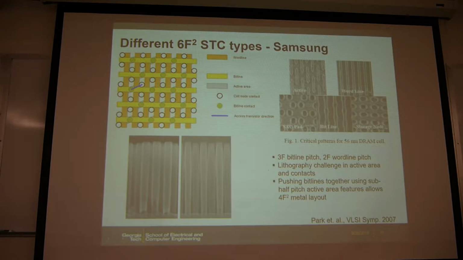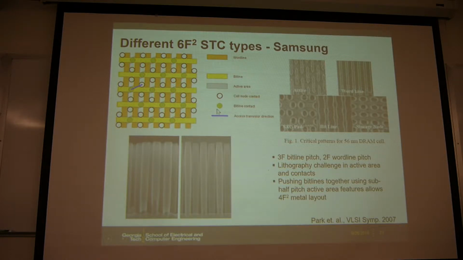Here it's just rotated, but it's the same thing. Here, the bitline is this yellow line, and the active area means the area for the transistor: source, channel, and drain. And then the circle again is the cell capacitor, and the bitline contact is this dot.